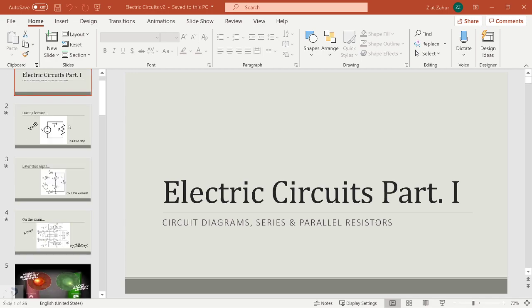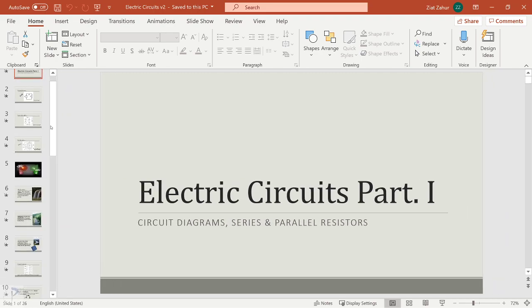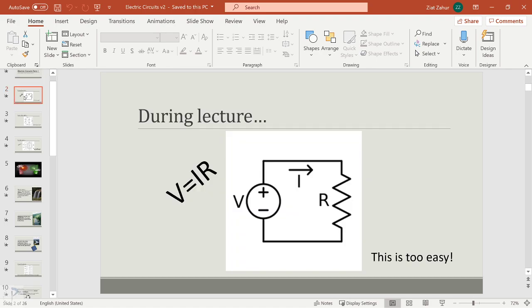Alright, so circuits. Circuits are typically drawn with schematics or symbols and designs. They kind of simplify the actual physical elements that go into a circuit. So typically, a simple circuit would be like this. This is how you turn on a light or something, or turn on your heater.